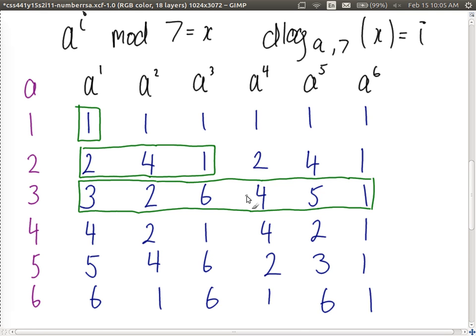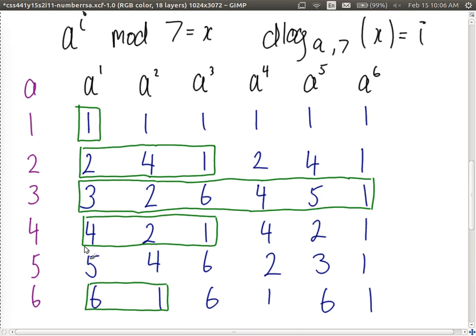And that's what we need if we want to be able to find a unique discrete logarithm. If we have repetition, then it could be one of multiple answers. With 4, we have repetitions. You see here, it's 4, 2, 1, 4, 2, 1. With 6, it's 6, 1, 6, 1. With 5, we have distinct values.